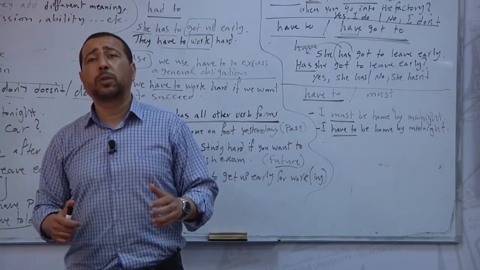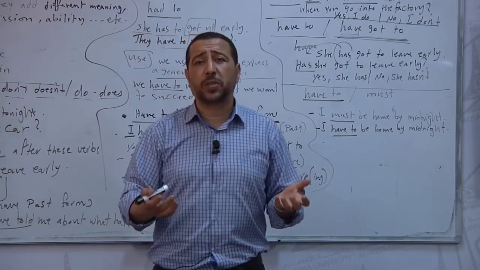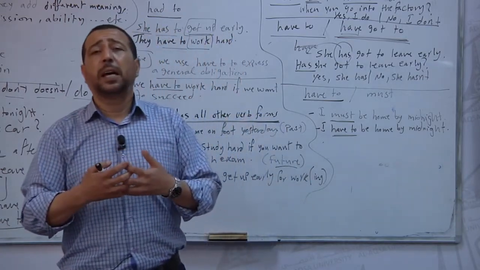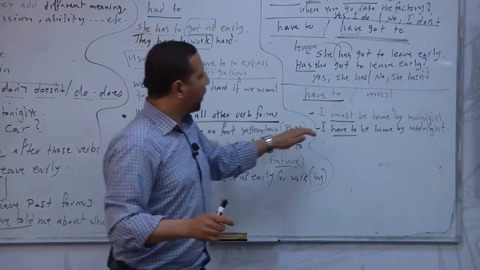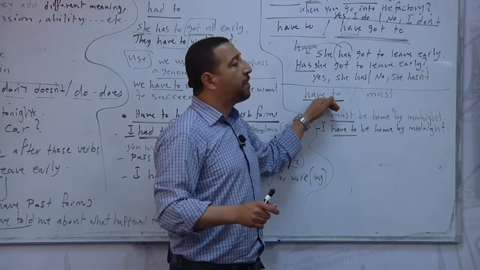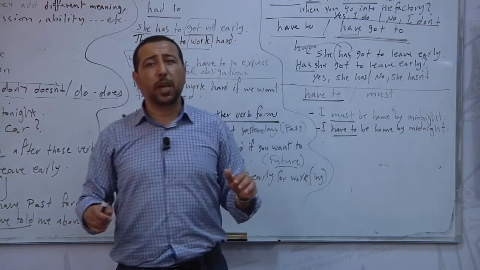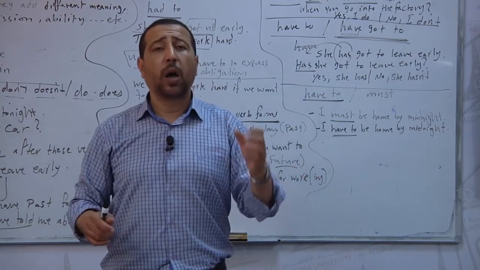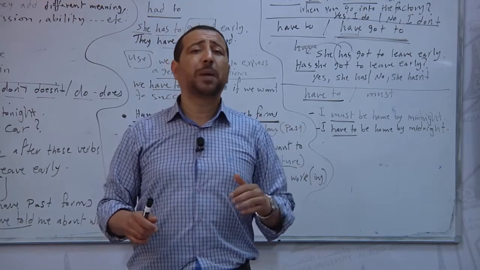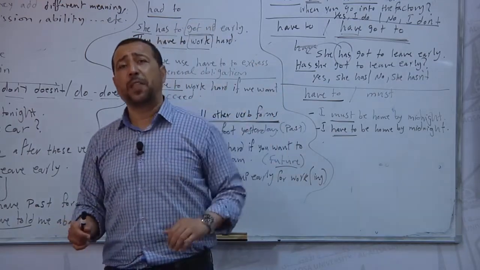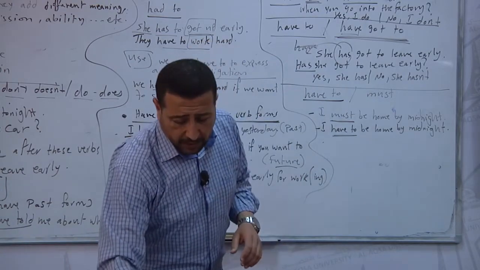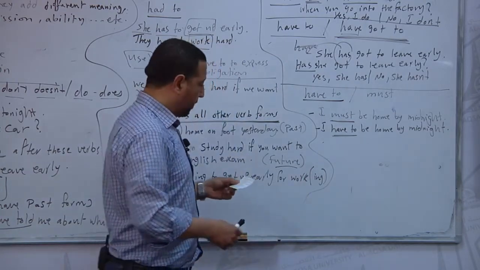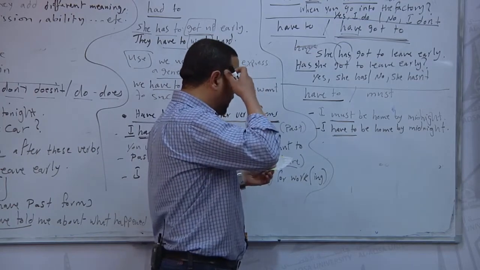It talks about the wishes and the feelings of the speaker. However, have to talks about an obligation which is based on a law, a rule, or the authority of another person. This is the difference.